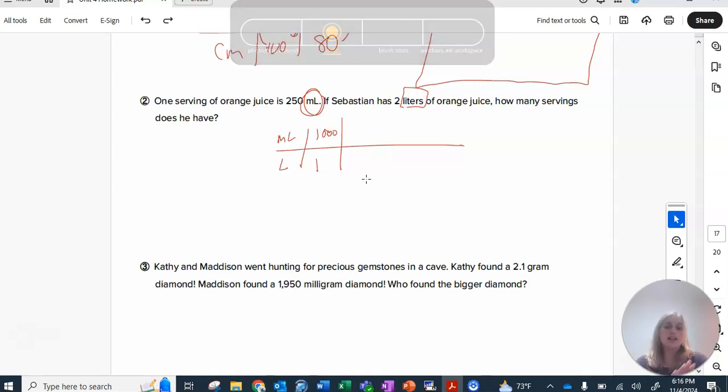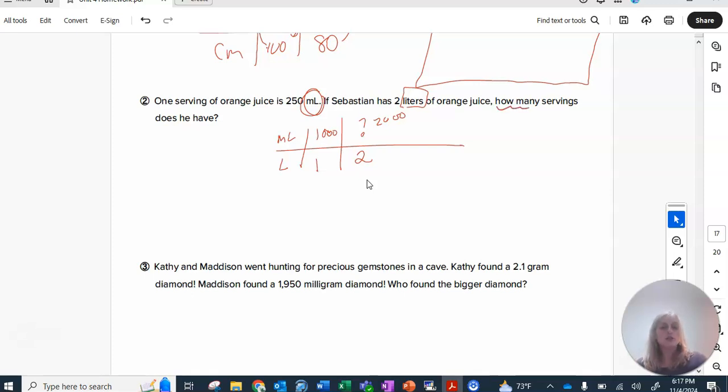If Sebastian has 2 liters of orange juice, okay, that's what he has. That's what I'm working with. He has 2 liters. How many milliliters is that? That's 2,000 milliliters. That's still not the answer. How many servings does he have? Okay, so wait, I know how many milliliters he has. I know what 1 serving of juice is worth. And if I'm counting out servings, like here's my big jar, I'm pouring it, I'm pouring it, I'm pouring it. How many is that?